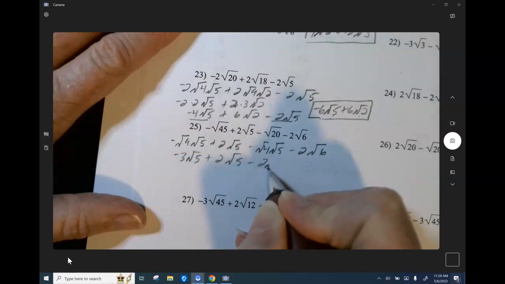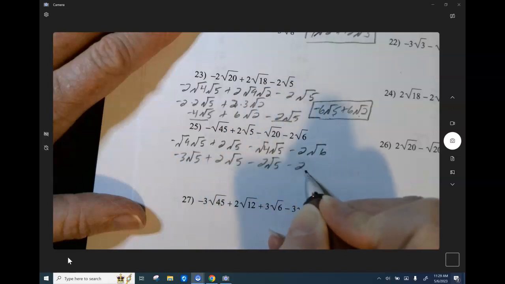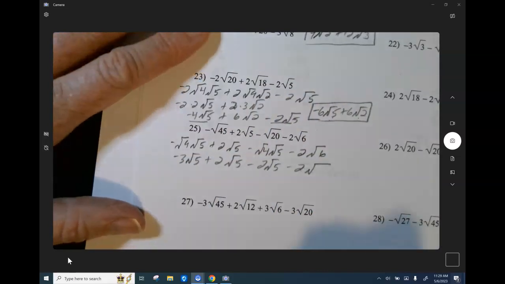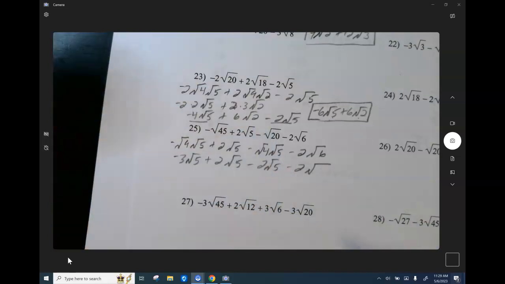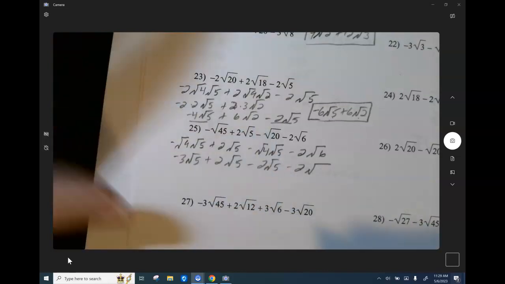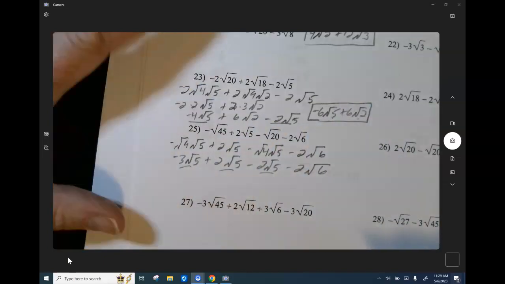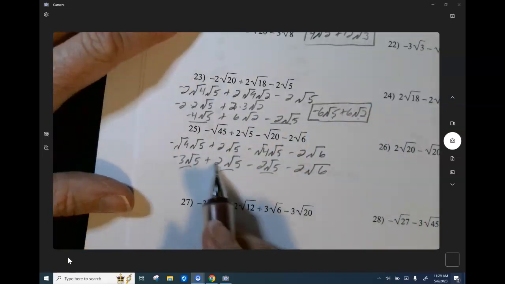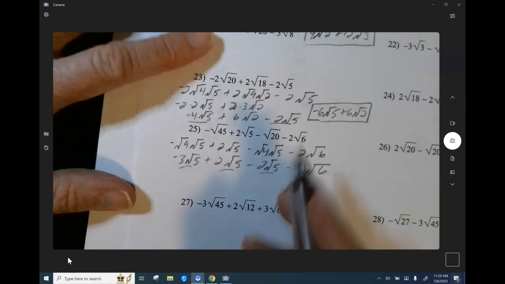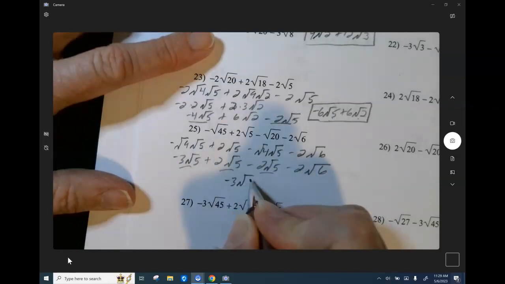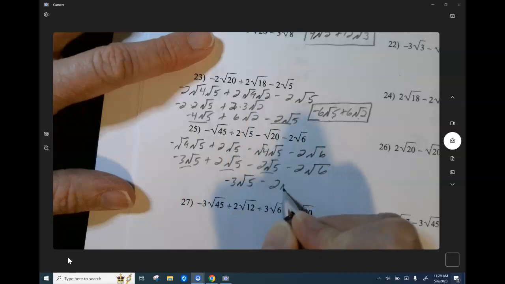Square root of 4 is 2. Now, do we have any like radicals? Wow. 3 of them are like radicals. The other one, I don't know, just came along for the fun of it. So negative 3 and 2 is negative 1. Negative 1 plus negative 2 is negative 3 square root 5 minus 2 square root 6.